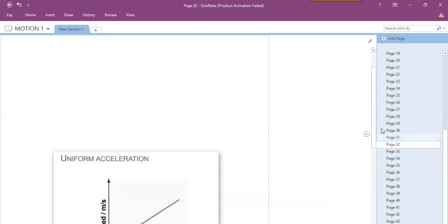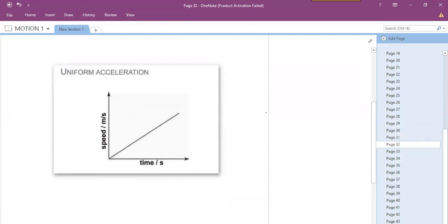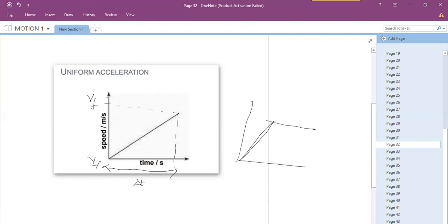Then this line here, it's a slope. So we started off with a straight line where there is no motion, then a straight line that's parallel to the x-axis, and now there is a slope. With this slope, there is a final velocity, an initial velocity, and a change in time. Final velocity minus initial velocity over time explains acceleration.